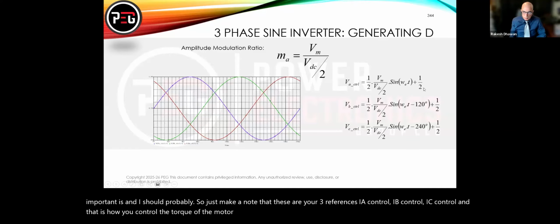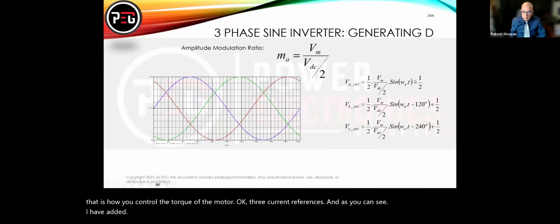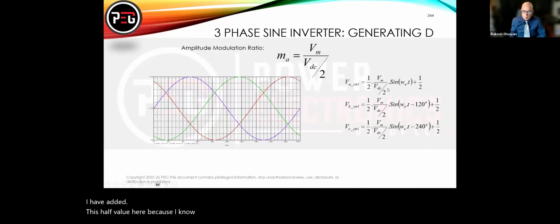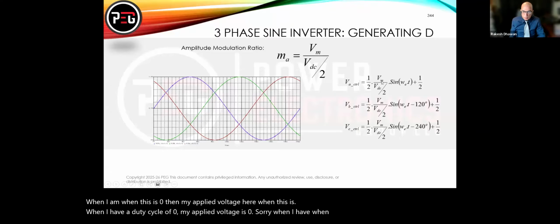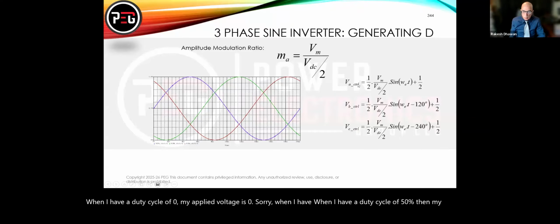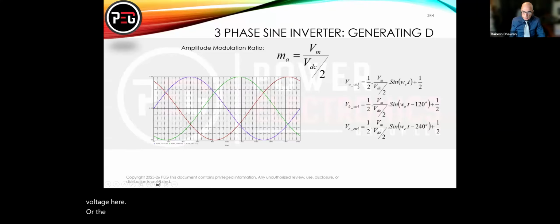Okay, 3 current references, and as you can see, I have added this half value here because I know that when I have a duty cycle of 50%, then my applied voltage here, or the current, should be 0.